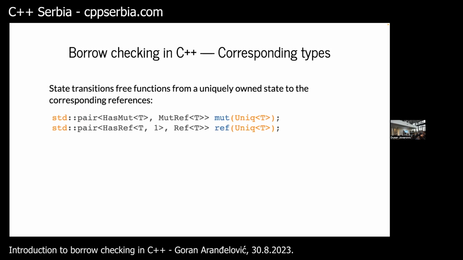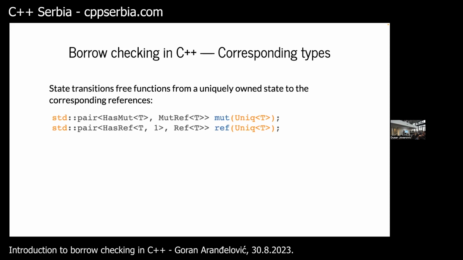So now we have to make some transitions from one state to the other. And what they did is they made these kinds of functions. Let's say that a mute function here accepts the unique state, okay? And then it returns a pair of two objects.